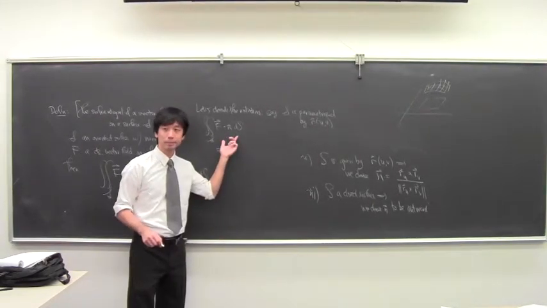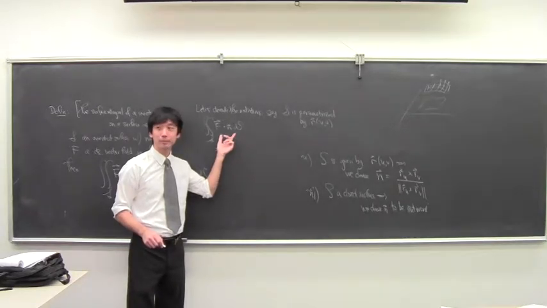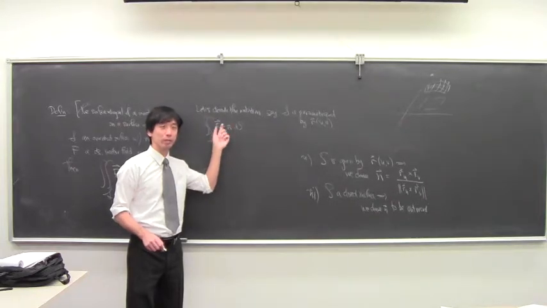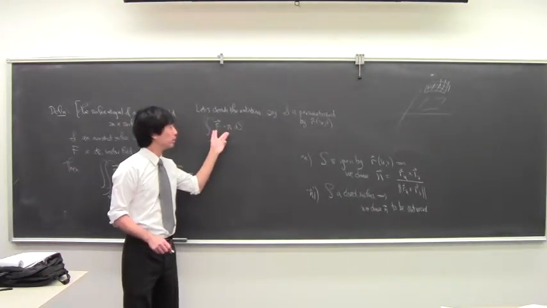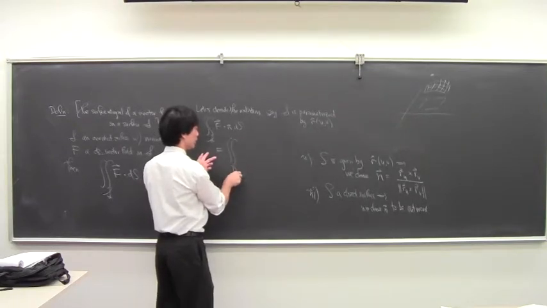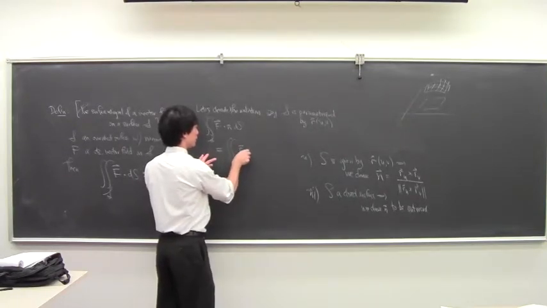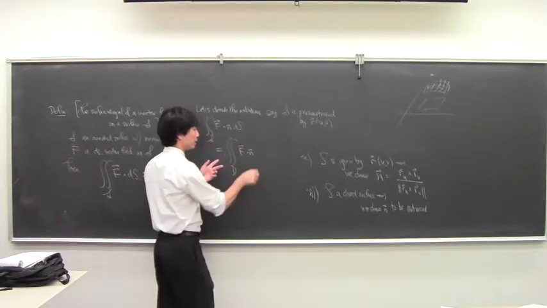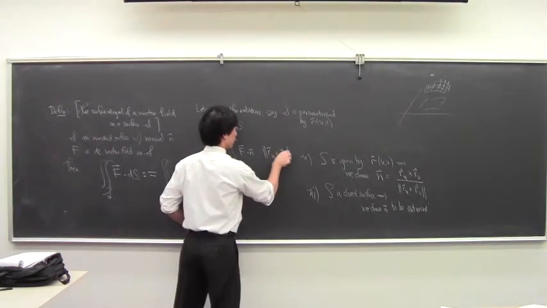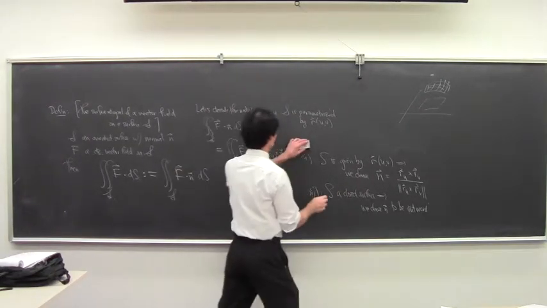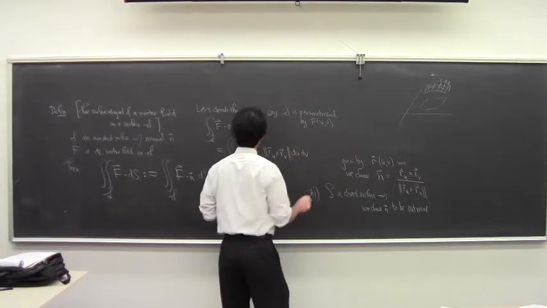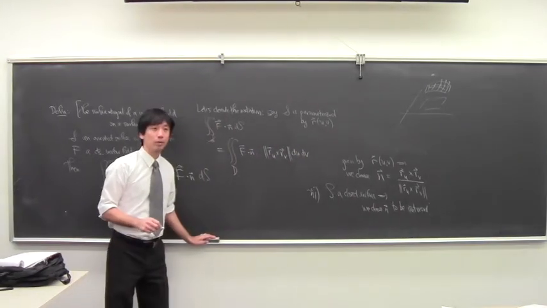What is this? Remember, this is the surface integral of this function, right? So what do we get? It's going to be the double integral over D of the function, and then times the magnitude of r_u cross r_v, du dv.